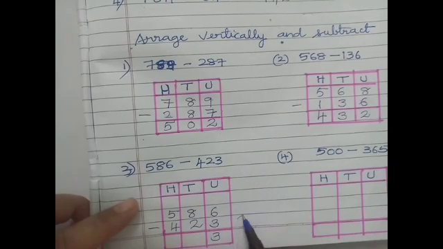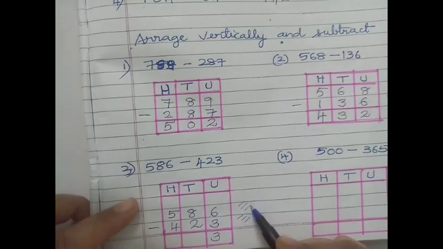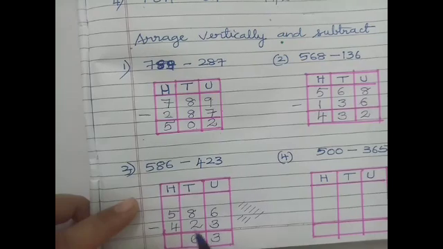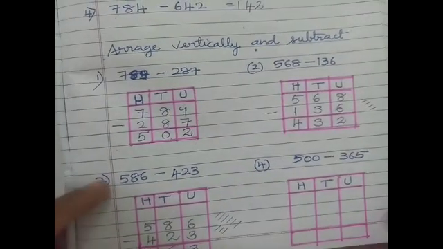After 3, 4, 5, 6, 3. 8 minus 2: after 2, 3, 4, 5, 6, 7, 8, that is 6. 5 minus 4 is 1. So, this way we are subtracting 3-digit numbers.